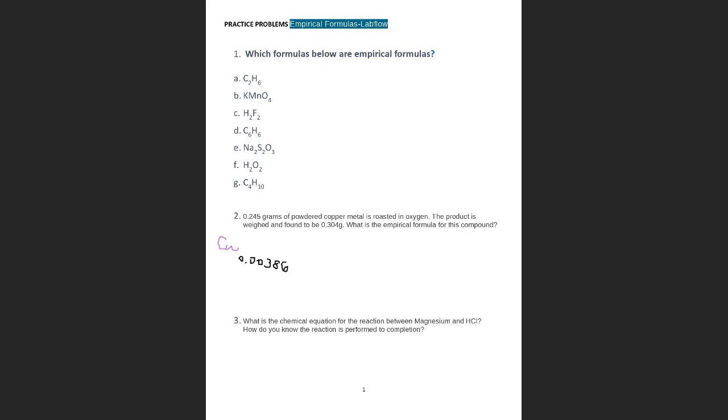And for oxygen, we had a number very close, 0.00369. These are the moles that I calculated for oxygen, and what it means is that I have this number of coppers.